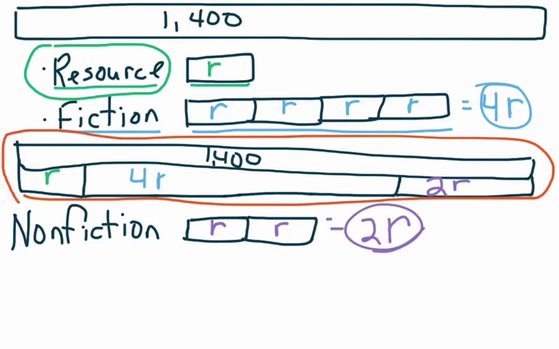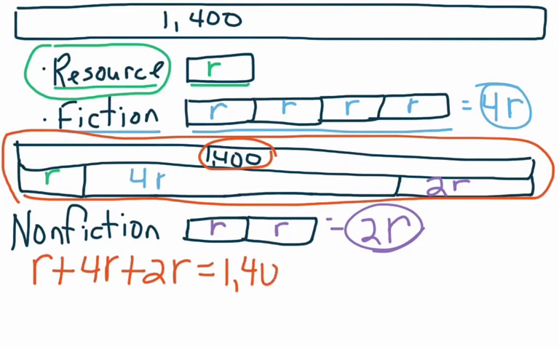Well, we can take each part that we wrote. We can take R plus 4R plus 2R. And we know what it equals because we were given the total right here, so it equals 1,400. The next step that we can do is we can add all of the R's together because they are the same variable.